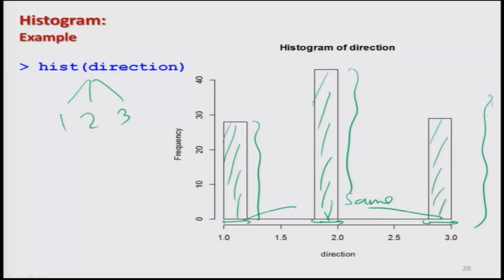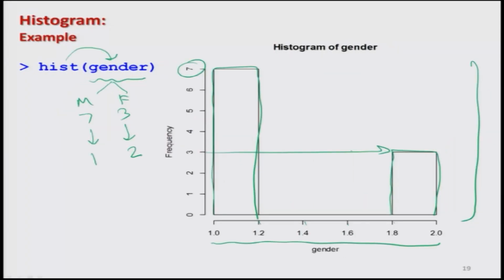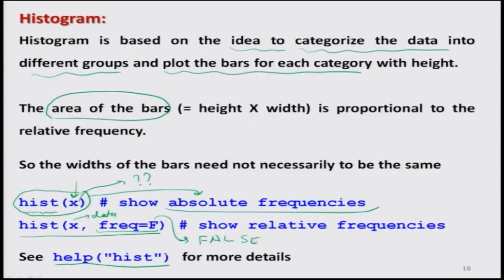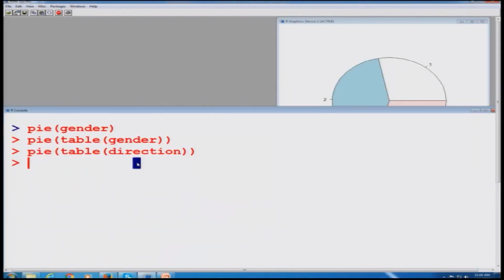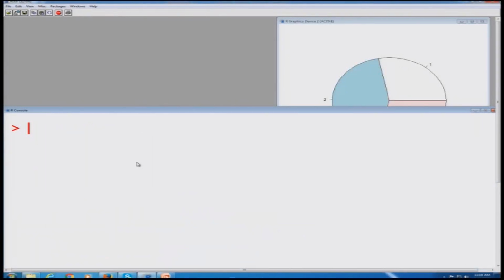So, now let us try to create this histogram over the R console. I will make a histogram of gender, and so now let us create this histogram. You can see here I will use the same data set, hist gender.